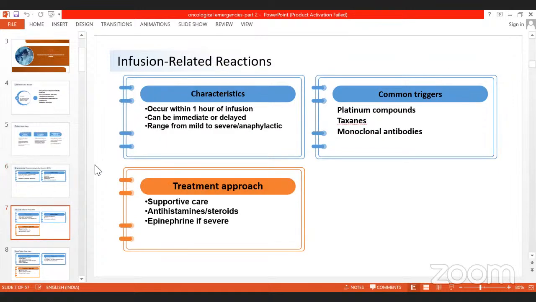Infusion-related reactions occur within 1 hour of infusion; they can be immediate or delayed, and sometimes severe anaphylactic reactions. Common triggers in chemotherapy are platinum compounds, taxanes, and monoclonal antibodies.